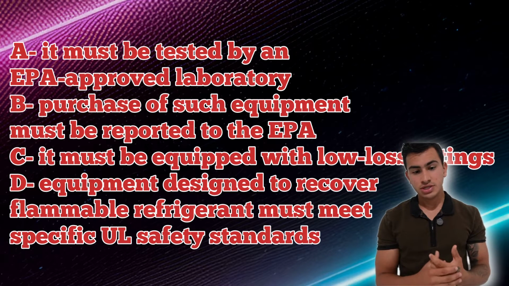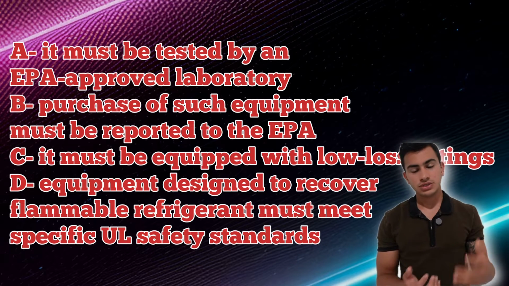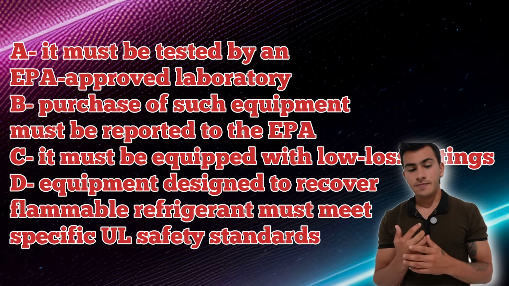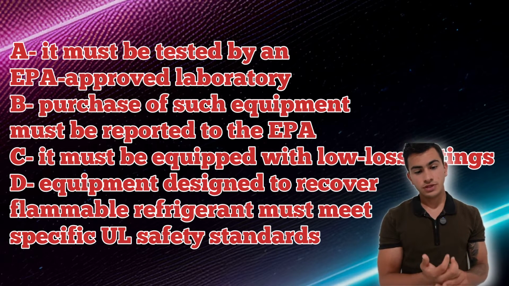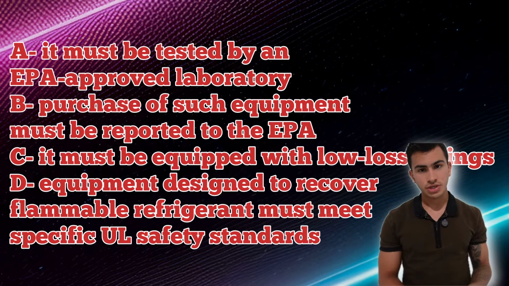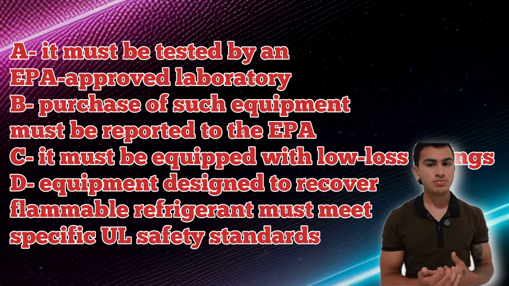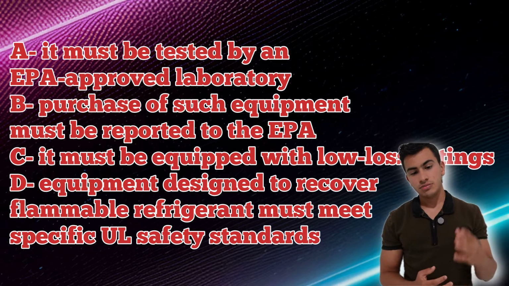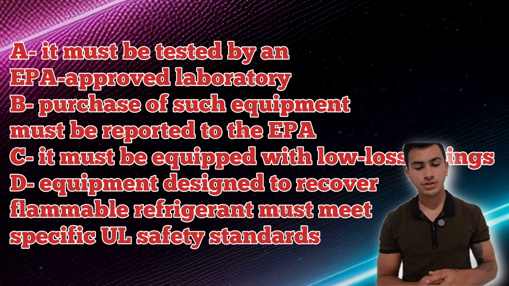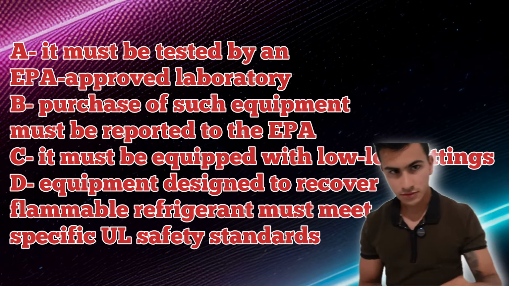It must be equipped with low loss fittings. Yes, you do need to have low loss fittings. And the answer for this one will be purchase of such equipment must be reported to the EPA. You don't need to report it to the EPA, and that will be the answer because it does say false. The other ones do make sense. That's the only one that doesn't. So that's the answer.